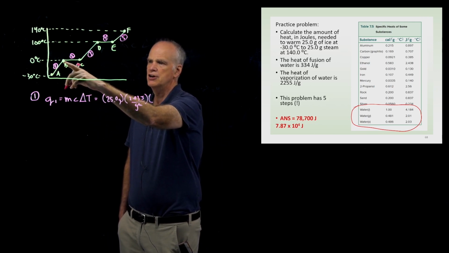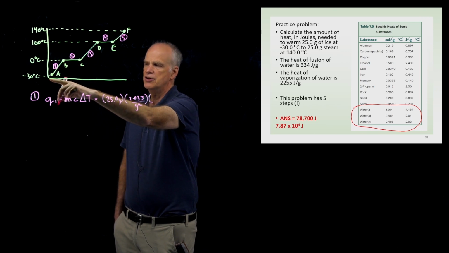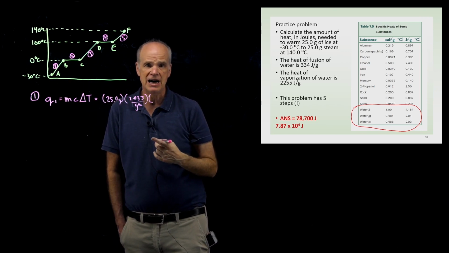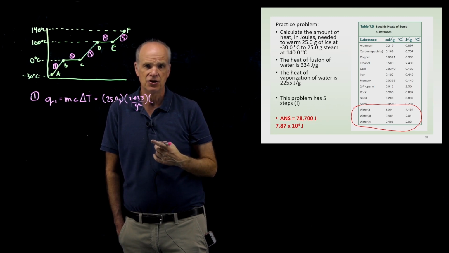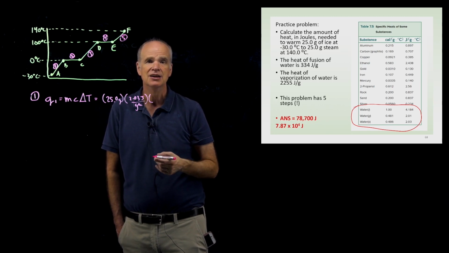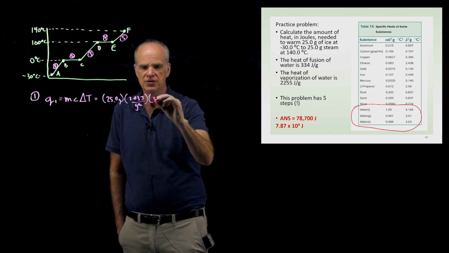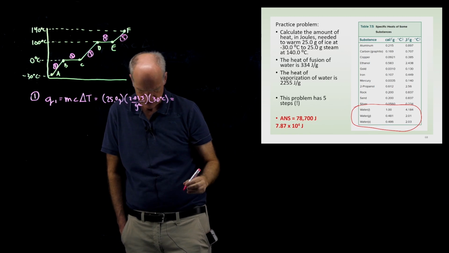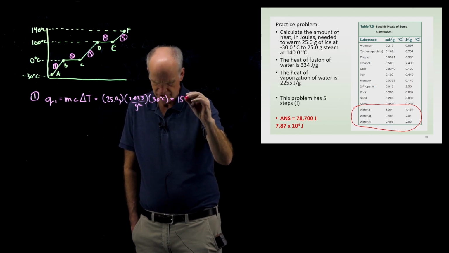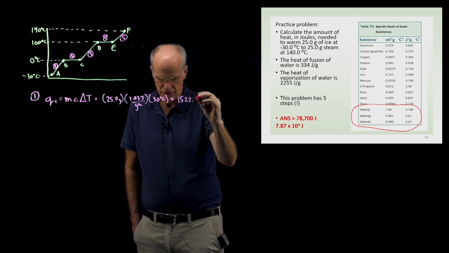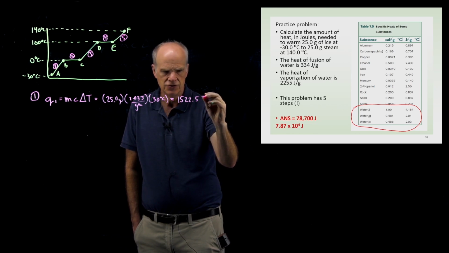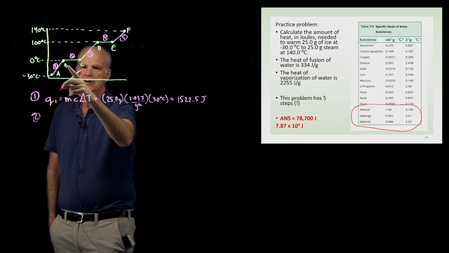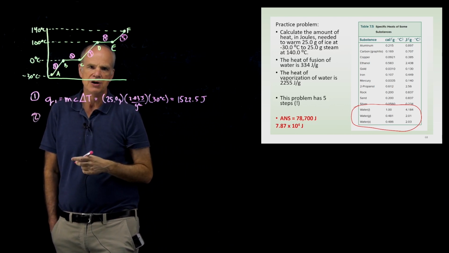So the final temperature here is 0 degrees. The initial temperature is negative 30. So the temperature change is 0 minus negative 30, which is 0 plus 30. So the temperature change is 30 degrees. Okay, and so if you work that out, what I got earlier was 1,522.5 joules.